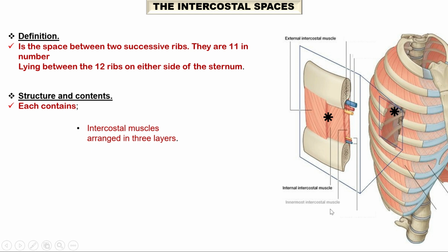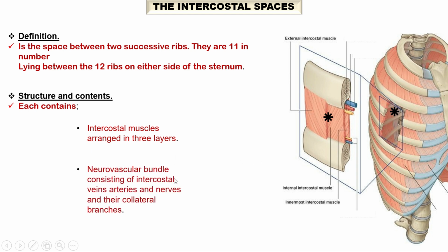And then on the inside we have the innermost intercostal muscles, which have the same fiber orientation as the internal intercostal muscles. Besides the muscles, we also have a neurovascular bundle consisting of intercostal veins, arteries, and nerves, together with their collateral branches.